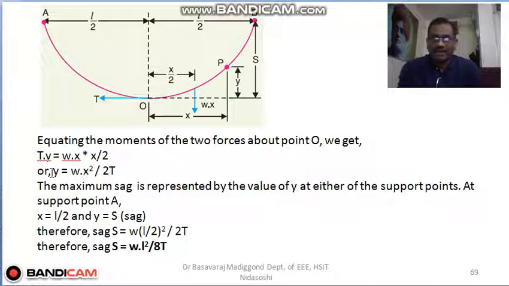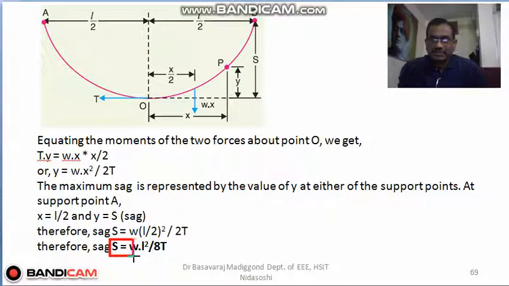In place of Y we put S, and in place of X we put L by 2. So S is equal to W into L by 2 whole square by 2T. After simplification, S is equal to W L square by 8T. This is the equation for sag.